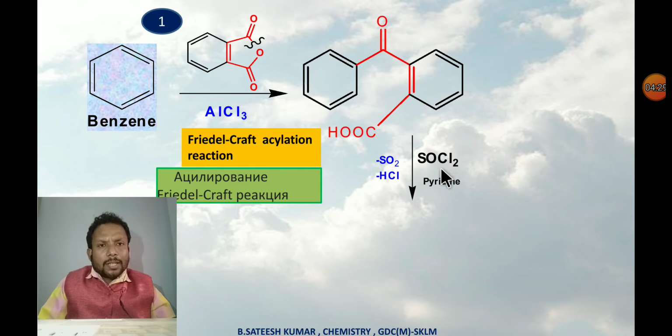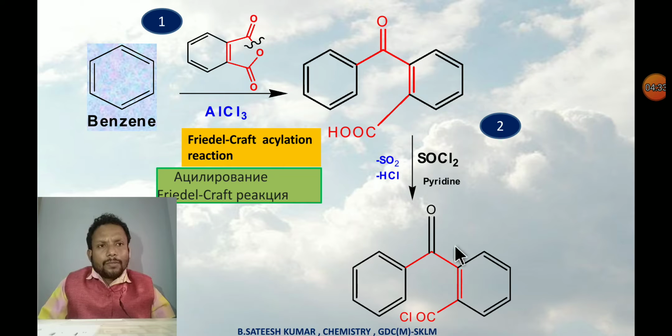Further, this carboxylic acid is converted into an acid chloride with the help of thionyl chloride, because thionyl chloride is the best reagent for the conversion of carboxylic acids into acid chlorides. Here the OH group is replaced by Cl.